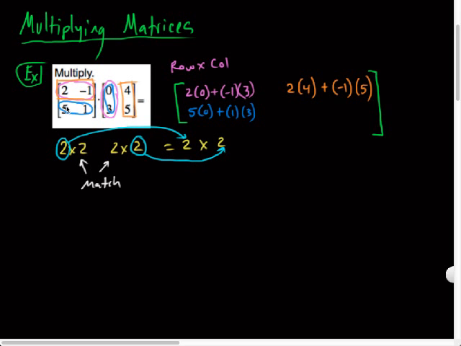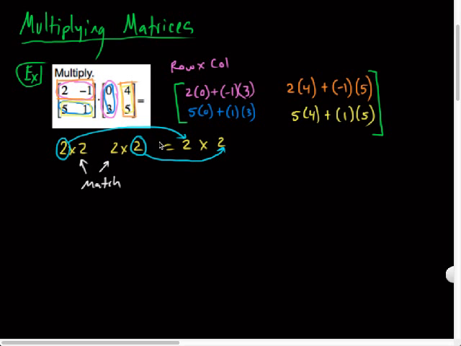So notice once again that it shifts as I go through those columns. And lastly, this element is the second row, second column. And as you can probably suspect, I'm going to multiply the second row by the second column. So that'll be 5 times 4 plus 1 times 5.